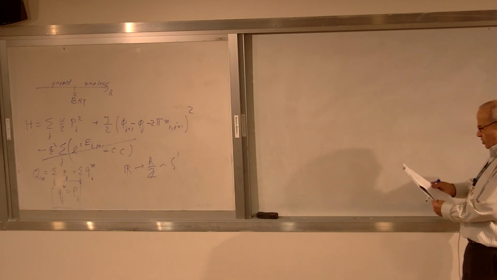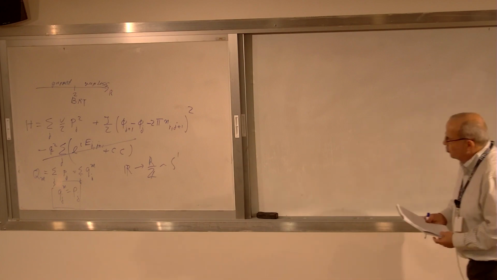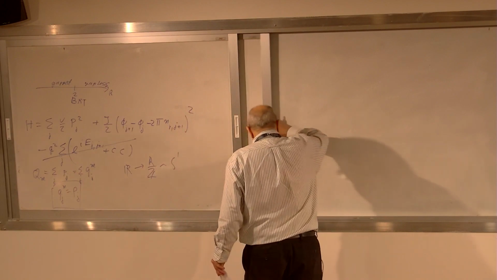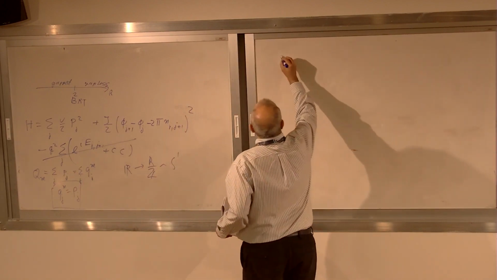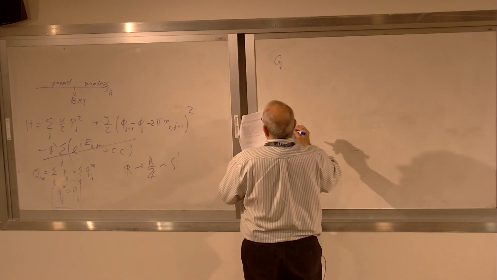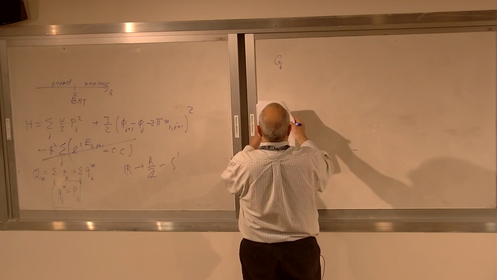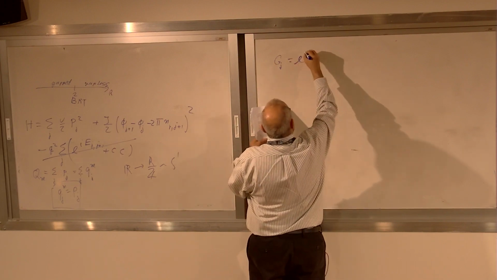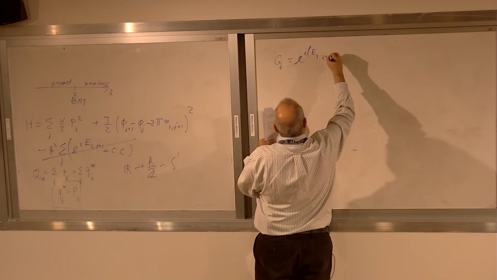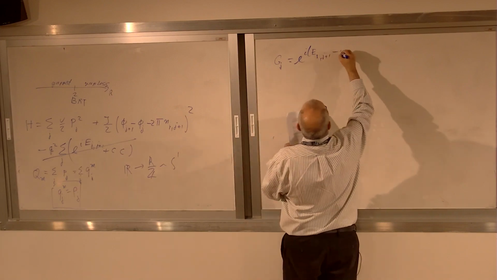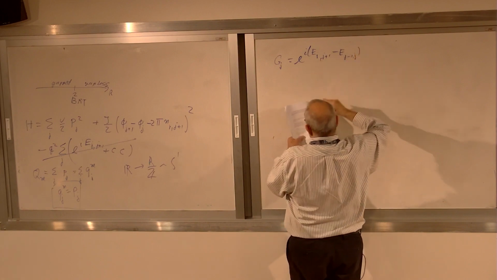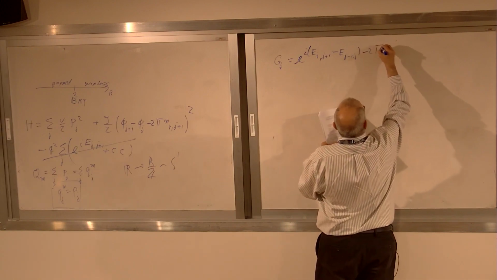But before we do that, I want to review one more formula from yesterday. So this model, even with G, has a Gauss law. At every site j, I wrote this formula yesterday: e to the i, (e_{j+1} minus e_{j-1,j}), minus 2 pi i b_j.